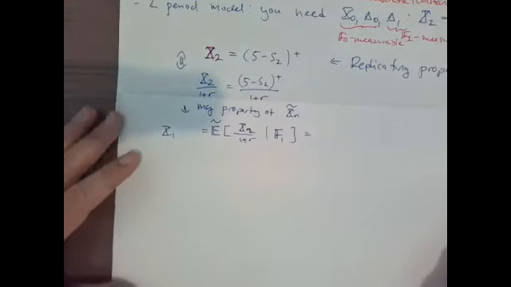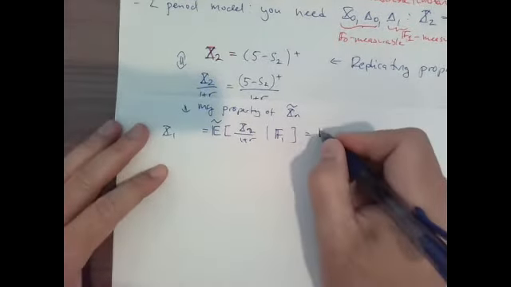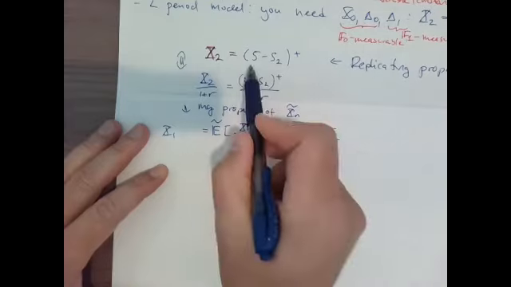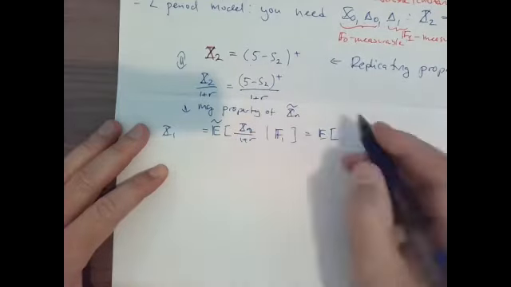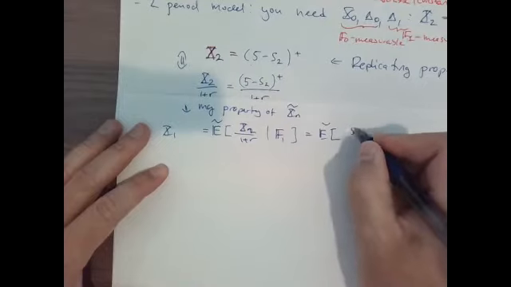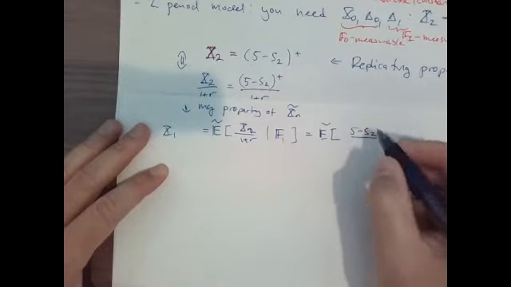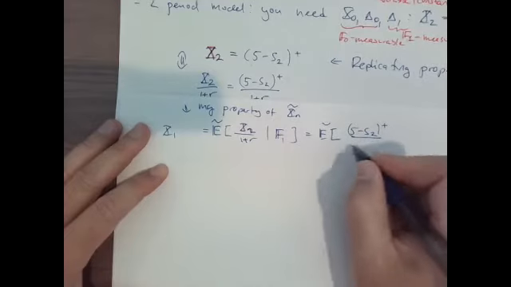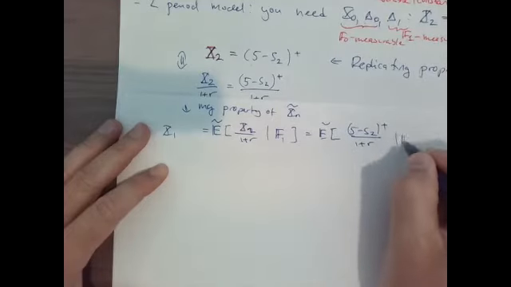But on the other hand, I also know that I want to have (5 minus S2) positive part as my payoff. So I'll get here the expectation of (5 minus S2) positive part divided by 1 plus R, given F1.